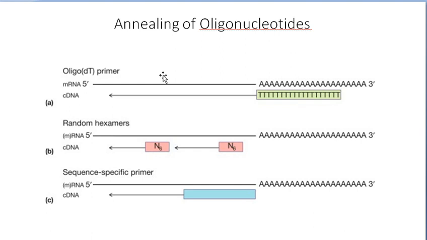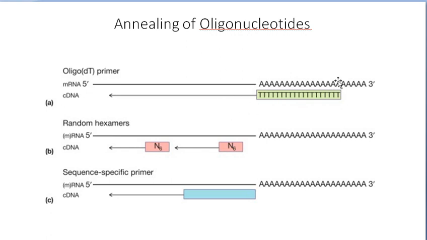Now why exactly do we need primers? Because our reverse transcriptase enzyme will not be able to directly add the deoxyribonucleotides complementary to the RNA. It needs the primer to start the reverse transcription, to synthesize the cDNA.